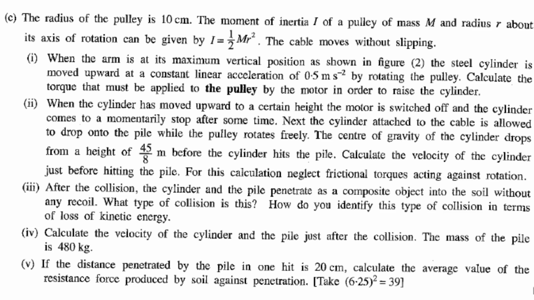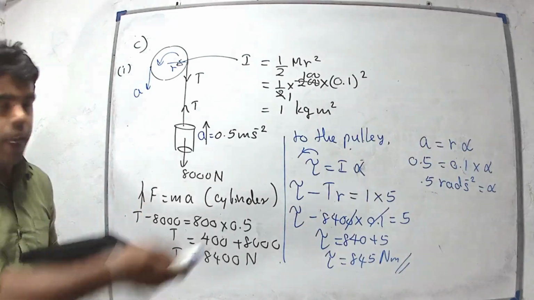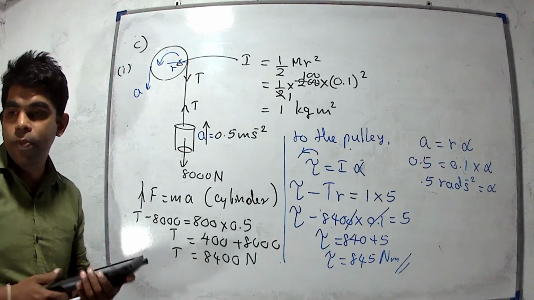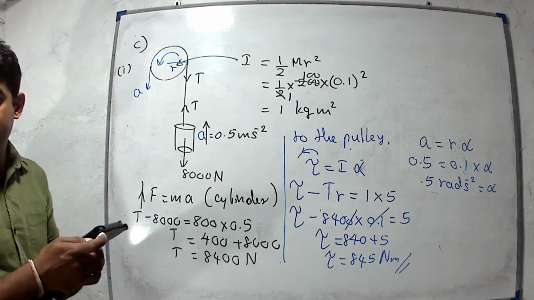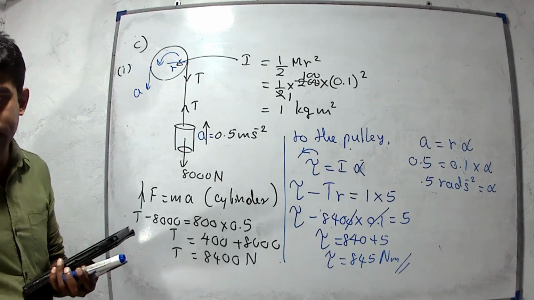For this calculation, neglect the frictional torque acting against the rotation. We can use the conservation of mechanical energy when the object is falling.